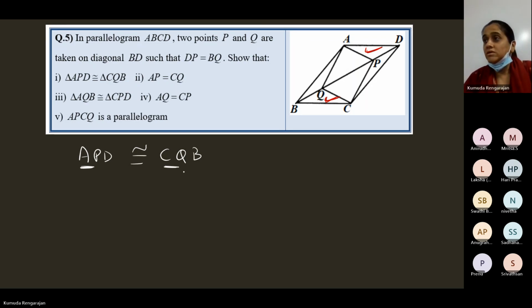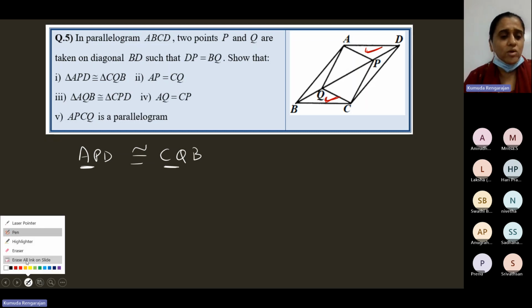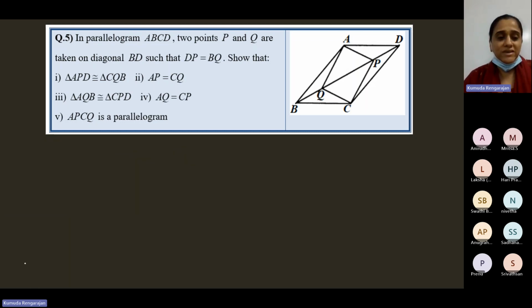No. We have not yet proved that they're congruent. This is a simple one, but I'm telling you that from the name itself, you can get the information.